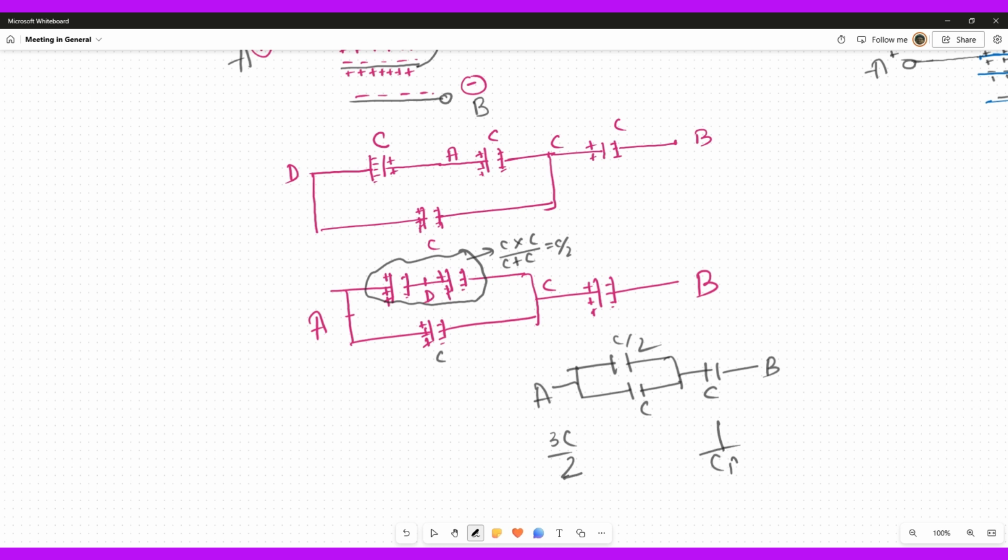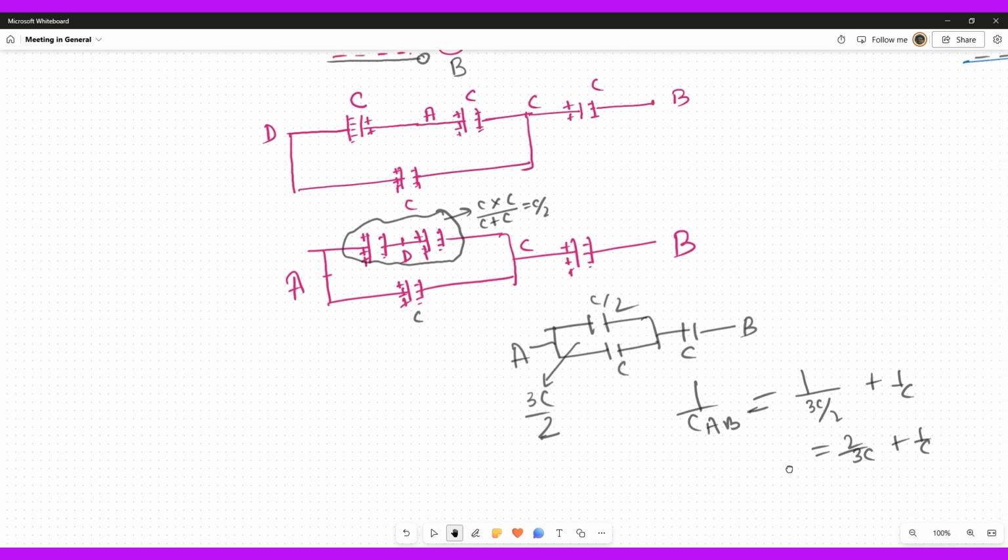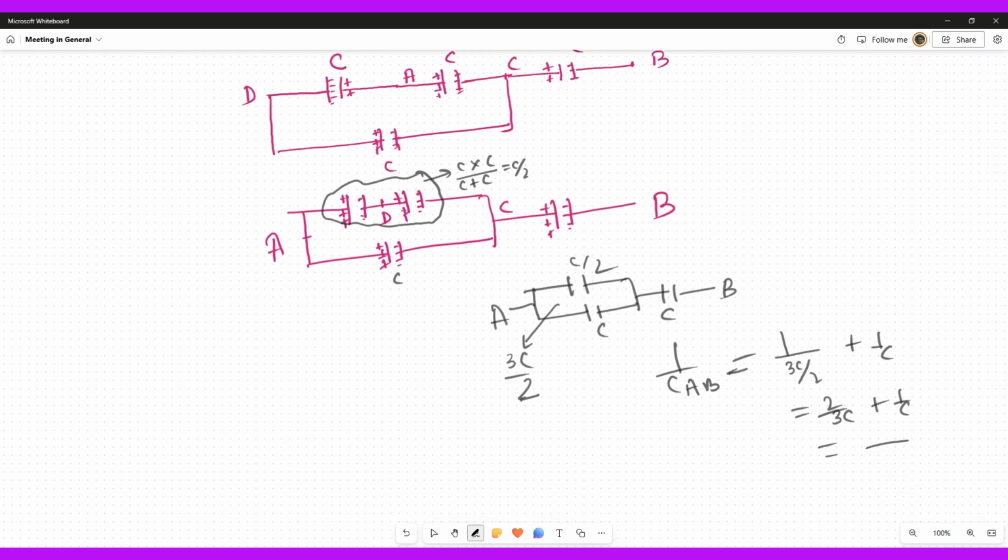So 1 by CAB, this is the capacitance of this portion, 1 by 3C by 2 plus 1 by C. So it is 2 by 3C plus 1 by C. This will be 2 plus 3. So the value of CAB is going to be 3C by 5. Hope you have understood.